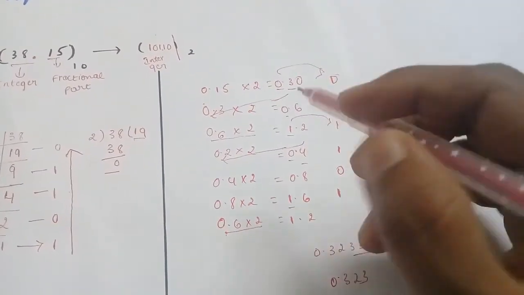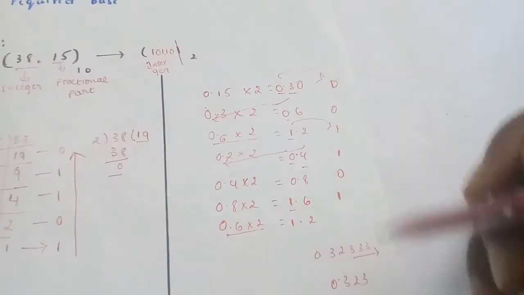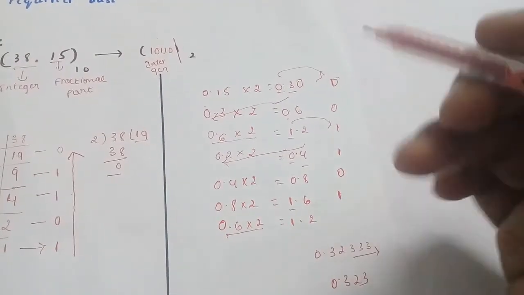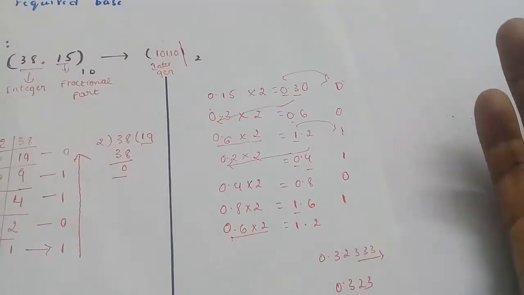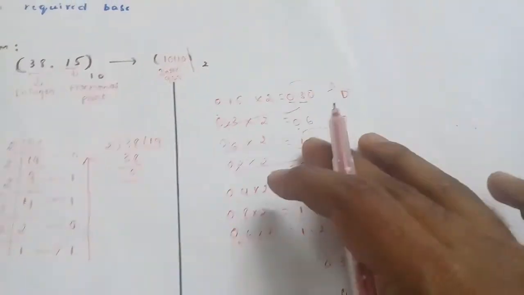To prevent values that keep exceeding, like 0.3333, we stop the multiplication here.